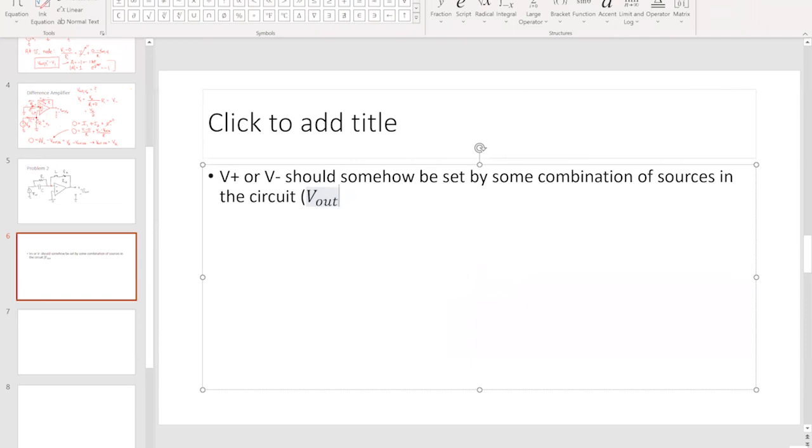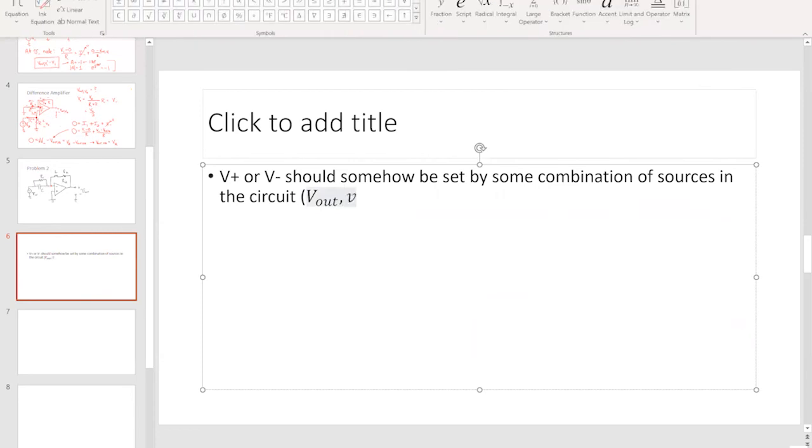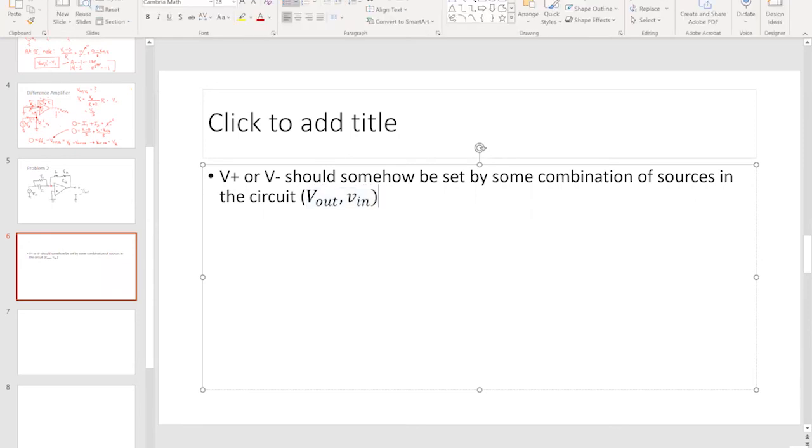V out is a source, right? It's set by some combination of those, or V in, right? There could be 4 sources in the circuit, but somehow one of the 2 is set by some combination of sources and the other one is equal to it by the golden rule. V plus equals V minus, right? That's probably the way to think about that.